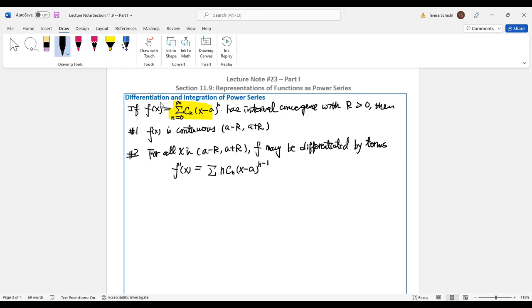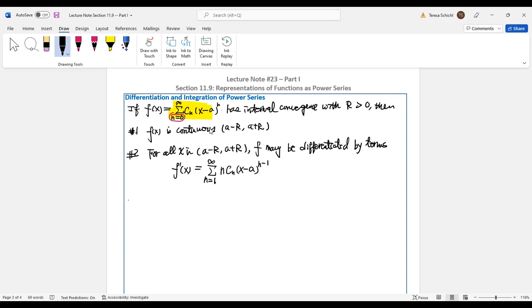And here we need to be careful. Our original series starts at n equals 0, but since we dropped one power, it is not a constant term anymore, so we cannot start at 0. We say n is from 1 to infinity. That's one thing we need to be careful about.